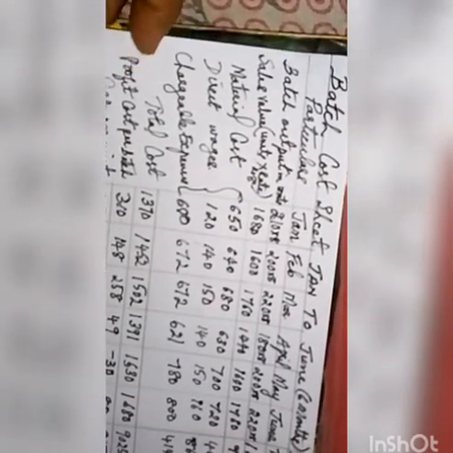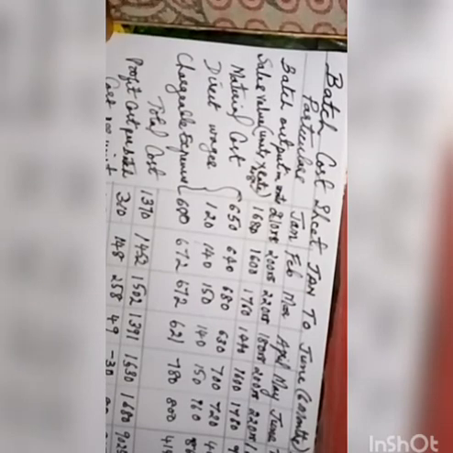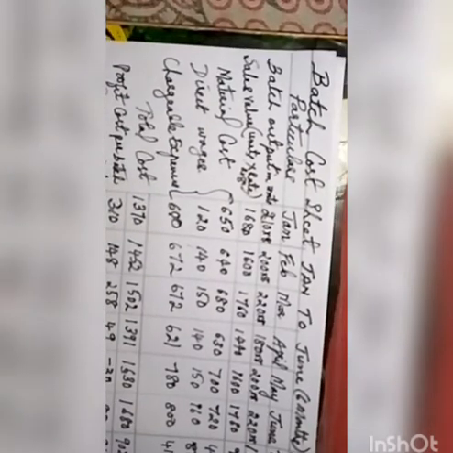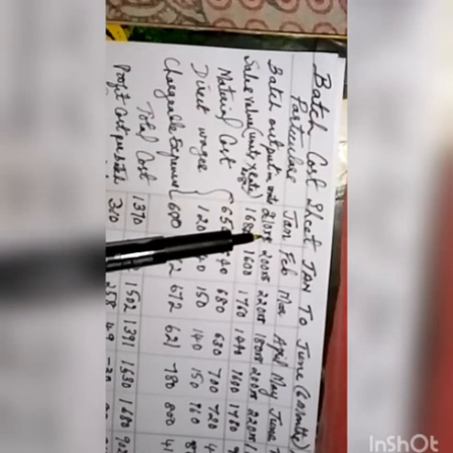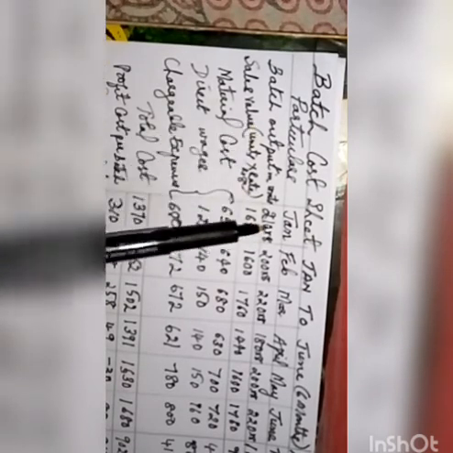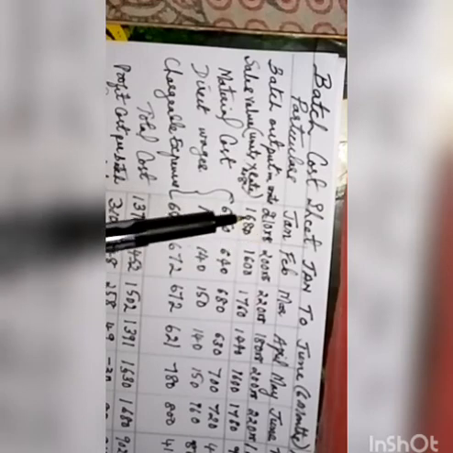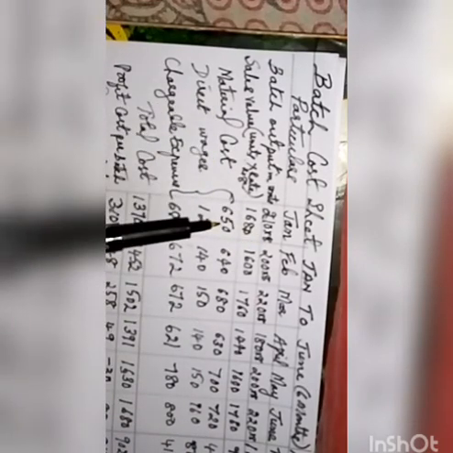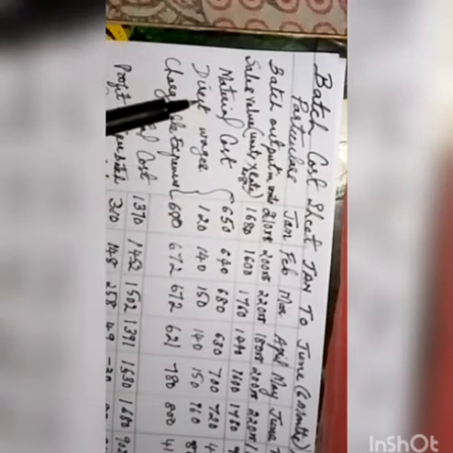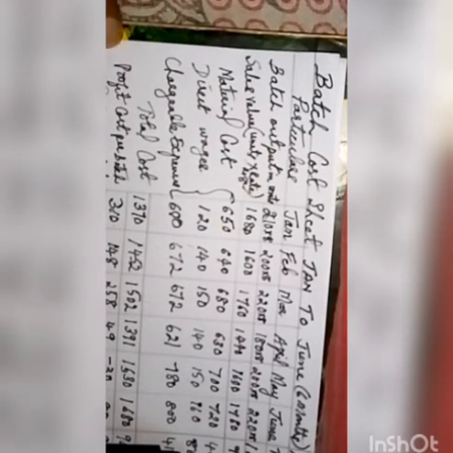Calculation of the total units produced into rate per unit. We can calculate rate for sales is 8 rupees. We can calculate the sales batch wise, and the material cost is given in the problem batch wise. Direct wages are also given in the problem batch wise.